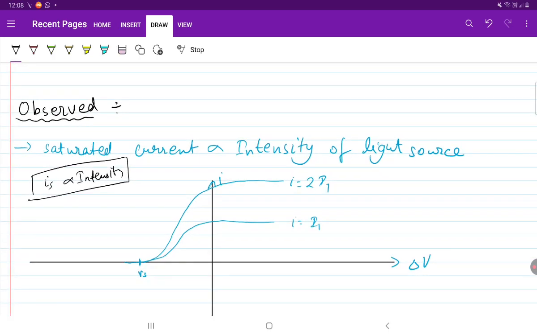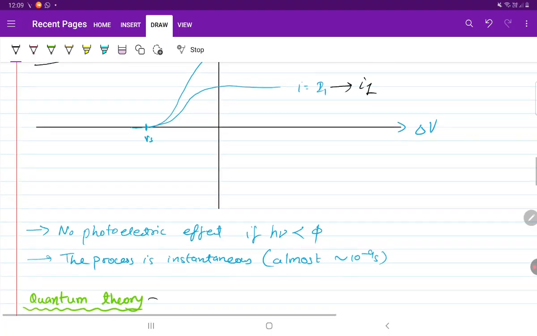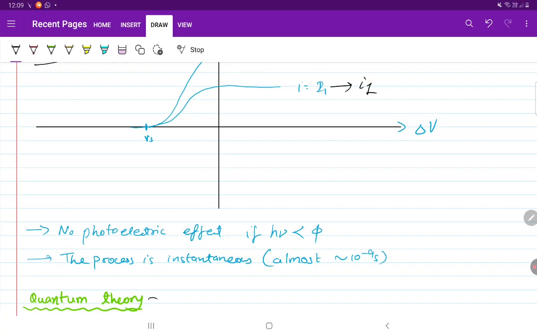For now, just see that if the intensity is I1, then the saturated current is small i1. If the intensity is 2I1, the saturated current is 2i1. This point is to be noted. Hope you get it.